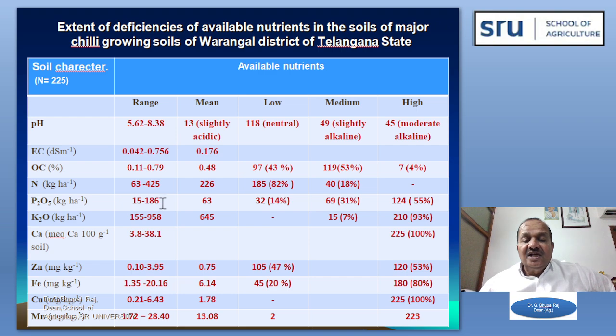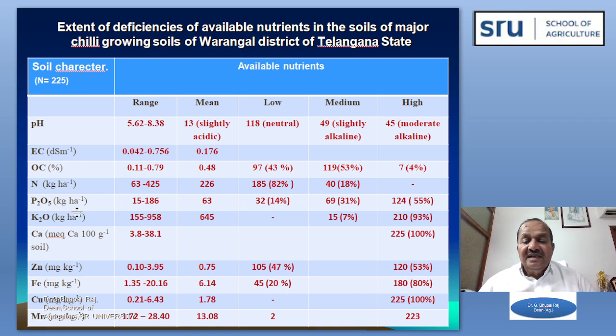Phosphorus in the soils ranged from 15 to 186 kg per hectare, and this is the mean value of the phosphorus. 32% of the samples had low phosphorus, and 69% of the samples were medium, and 124 samples had high content. If you observe the 124, 55%, more than 50% of the samples were sufficient in soil available phosphorus content.